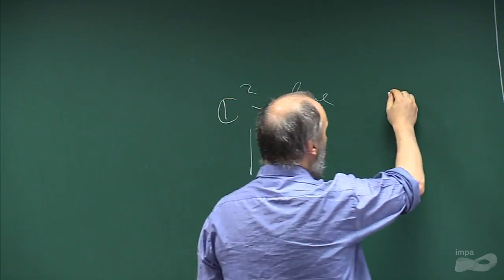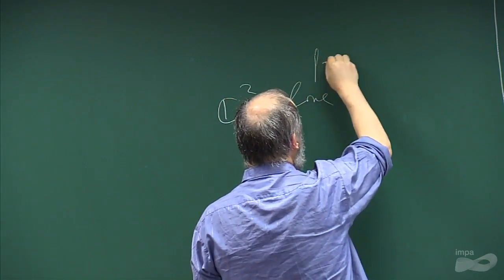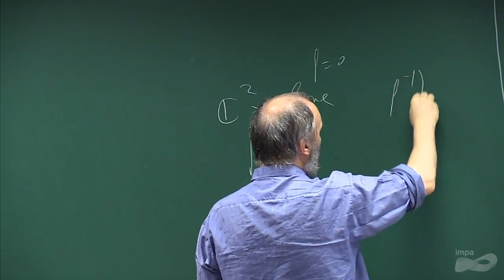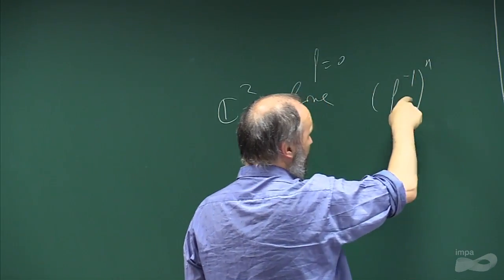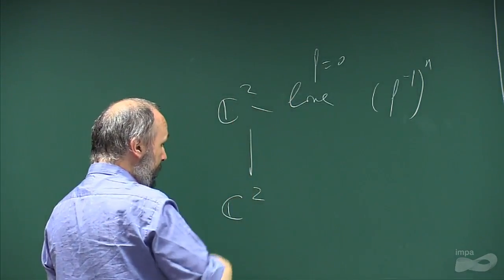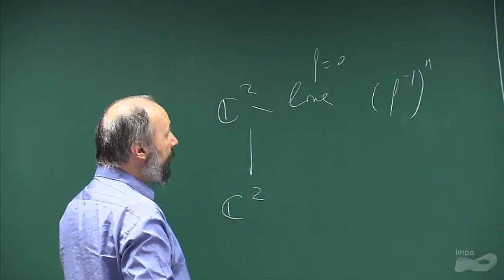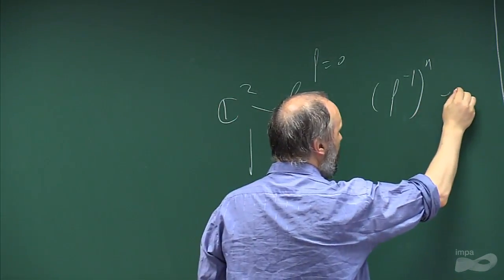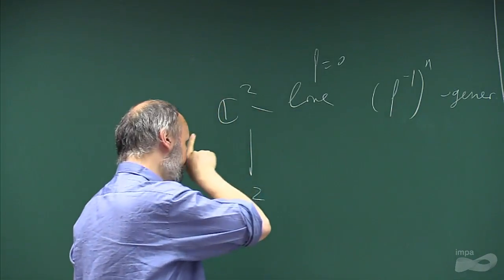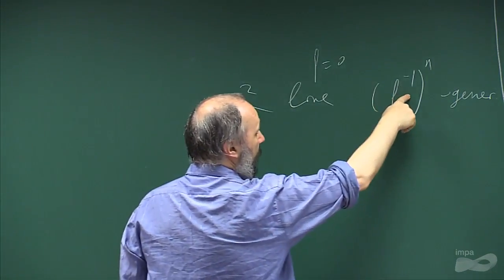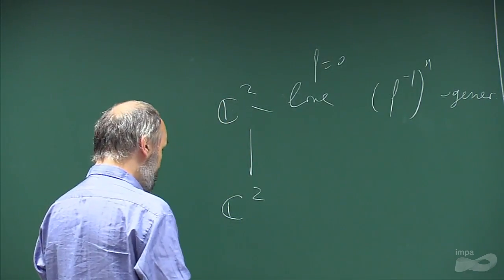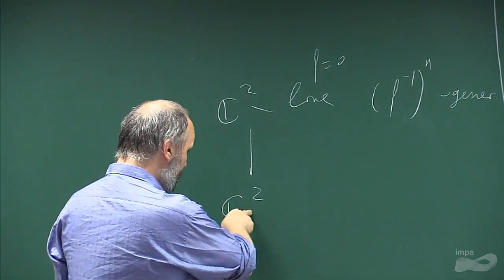It's generated by 1 over f, that is, f equal 0, by (f minus 1) to the power n. These are the generators for all n of this ring over this ring. So there are infinitely many generators, and of course you can't find finitely many generators, because you can't express these through any finite number of generators over this ring.